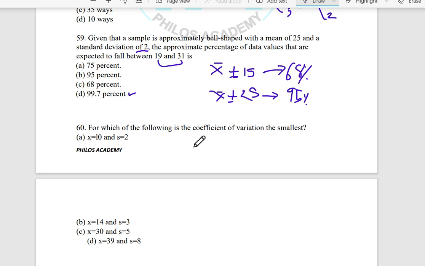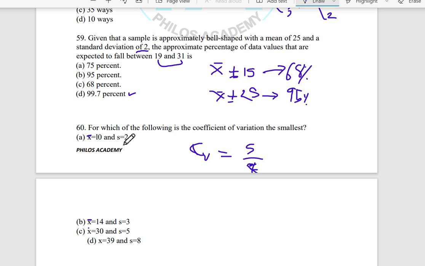Remember that the formula for coefficient of variation, CV, is standard deviation over mean, x bar. Here they've written x, I think it was a typo. So the formula is standard deviation divided by mean.